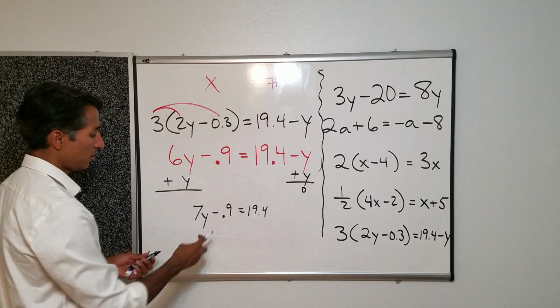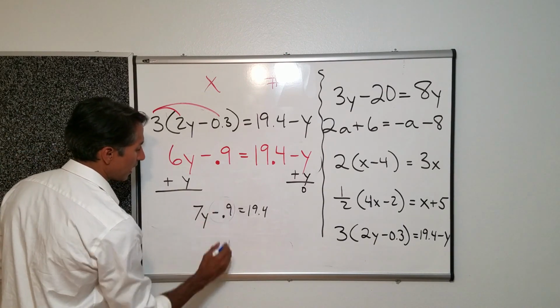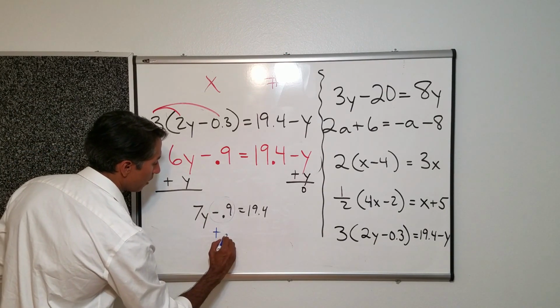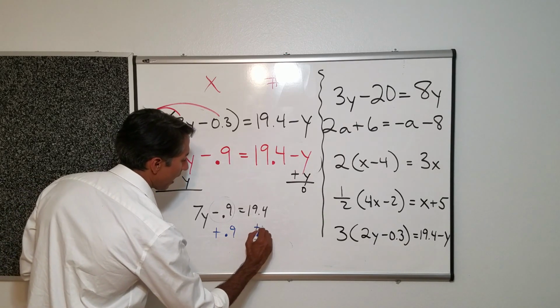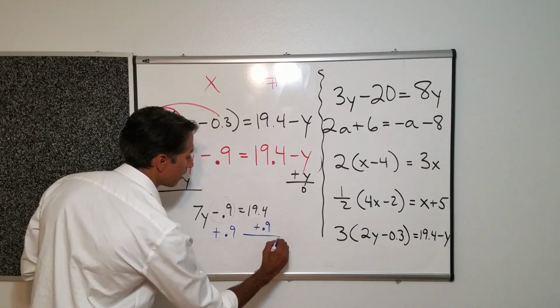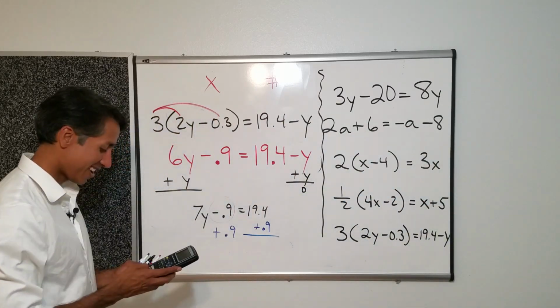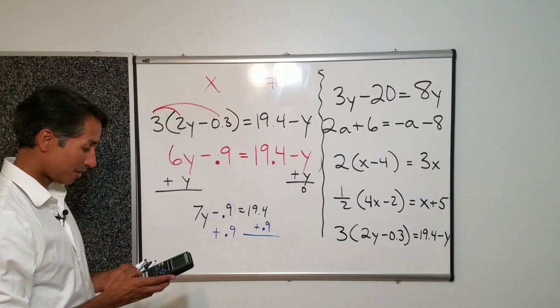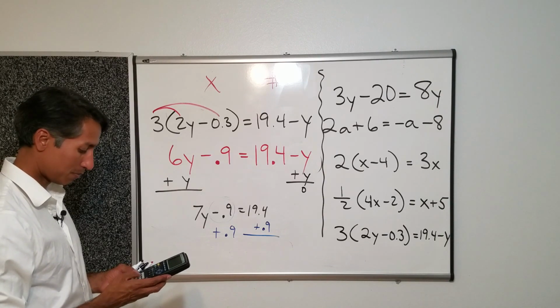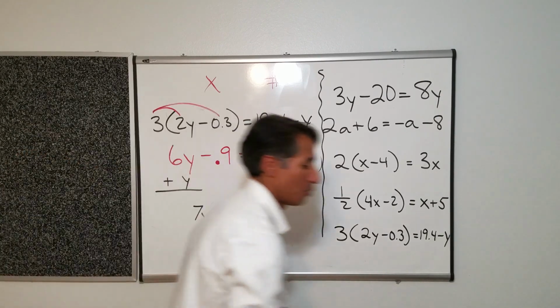And now I need to get rid of this guy, so I will add 0.9 and add 0.9. I'm using this calculator a lot today. 19.4 plus 0.9 is 20.3.